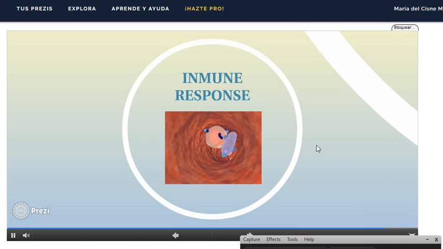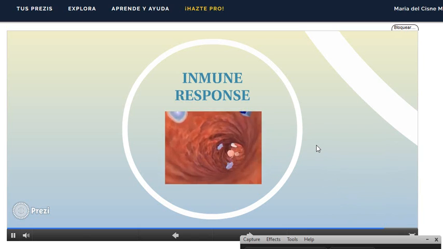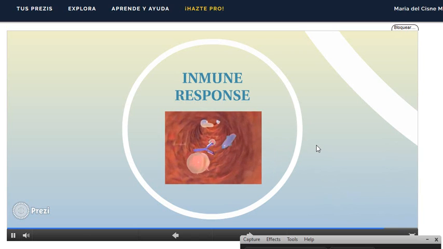When lymphocytes encounter their specific antigens, they bind in a lock and key manner and destroy the cell. B cells respond by transforming into antibody-secreting cells. Their antibody binds to the antigen, causing its destruction.